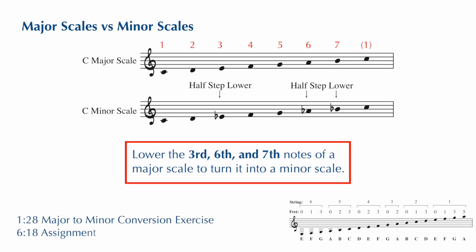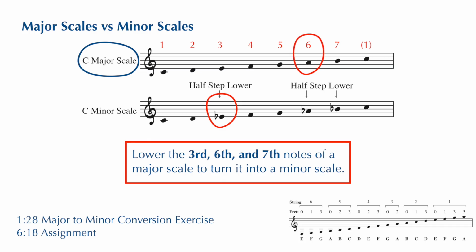If you lower the third, sixth, and seventh notes of a major scale by a half step, you get a minor scale. Here's your C major scale. We take the third degree of the scale, in other words, the third note, that E, and lower it to an E flat.